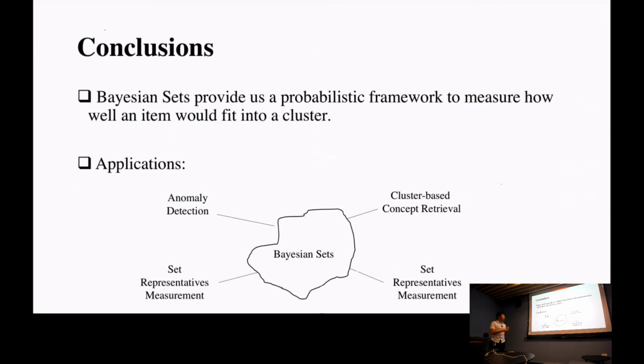You can do anomaly detection. Basically, if the fitting score is not high, then it can be used to detect an anomaly. You can use it to reduce a set, or in other words, to select the representatives of the set.